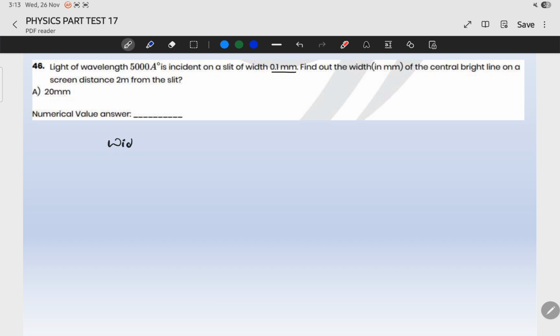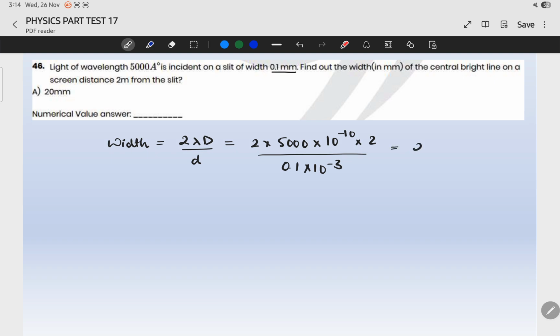So the width of the pattern is given by 2 lambda D by d, which is 2 into 5000 into 10 to the power minus 10 into capital D, 2 by small d is 0.1 into 10 to the power minus 3. When we solve it, we will get 20 into 10 to the power minus 3 meter, which is 20 mm.